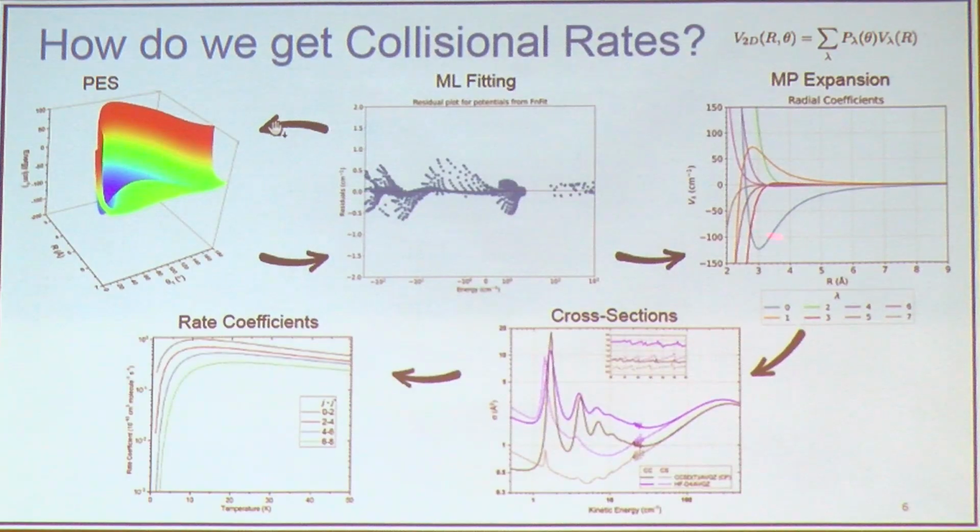From that, we calculate the cross sections by solving close coupling equations. And from cross sections, we compute the rate coefficients as a function of temperature. Since the ISM temperature is between 10 to 100 Kelvin, all our calculations are below 100 Kelvin. Our target temperature is up to 100 Kelvin.